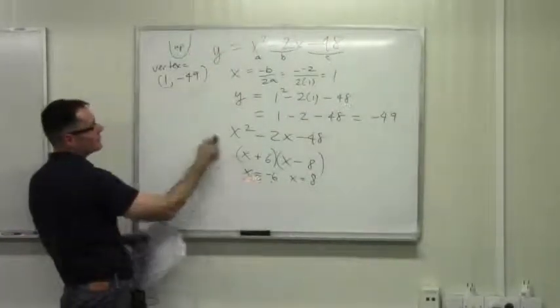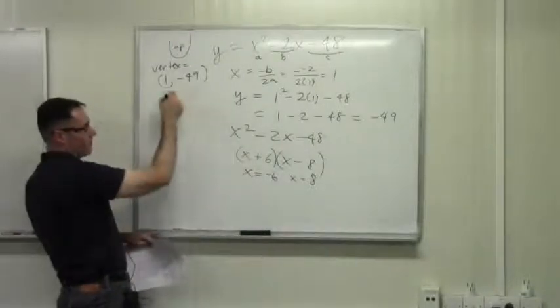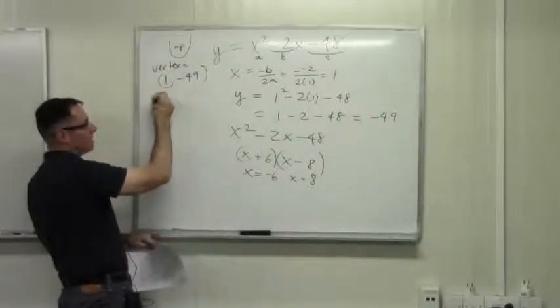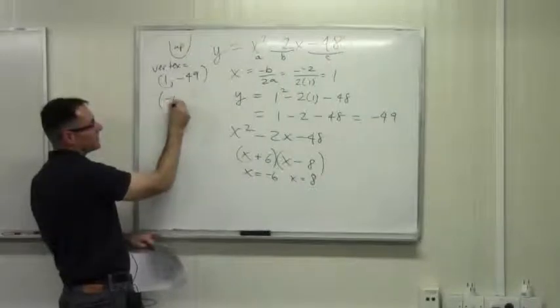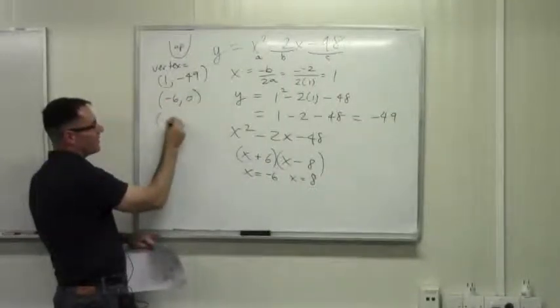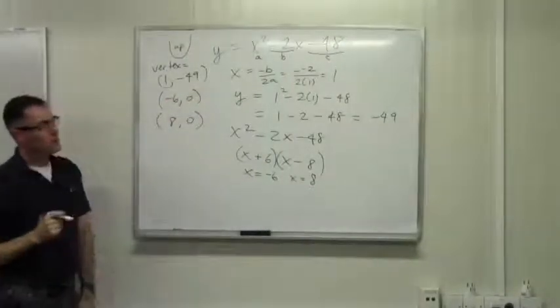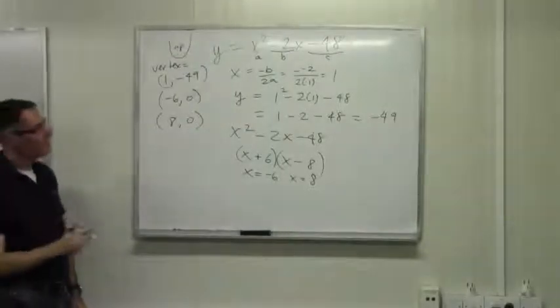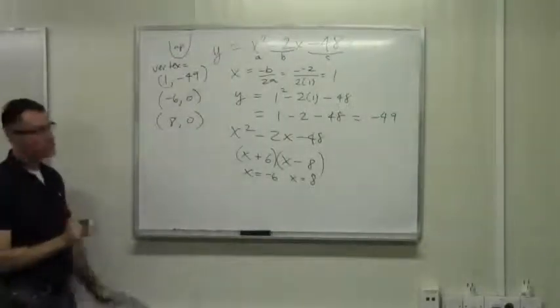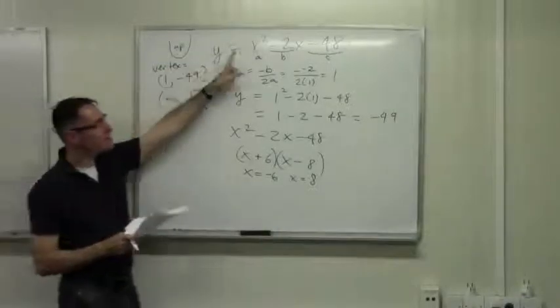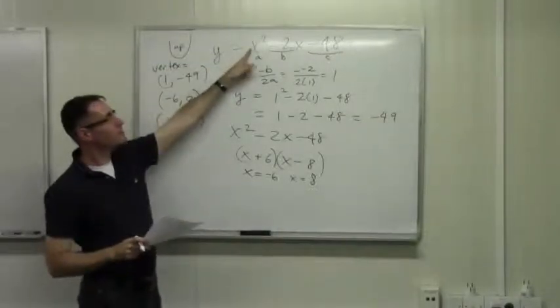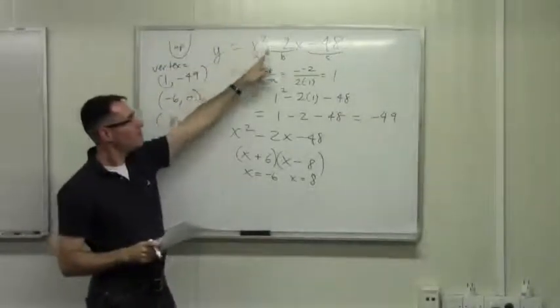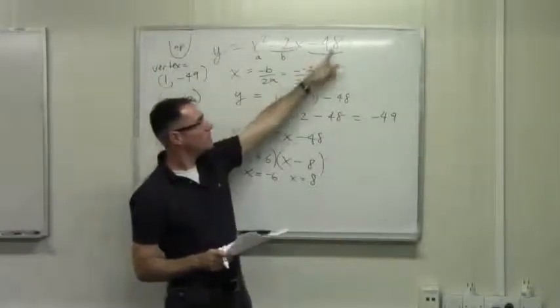OK, so now we have 2 points for the x-intercepts. We've got negative 6, 0, and we've got 8, 0. And if we want the y-intercept, which is where x equals 0, that's easy. If x is 0, that means 0 minus 48.